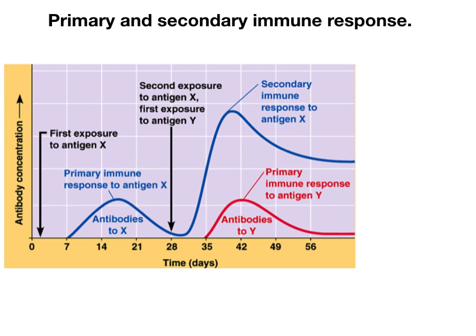You have those memory cells already in place. So as soon as you're exposed, those memory cells make plasma cells, and those plasma cells start pumping out even more antibodies than during the first exposure. So look at the blue line shooting up. The secondary immune response is after you've already had a response. You have those memory cells, which are responsible for the quicker response to produce plasma cells and antibodies.